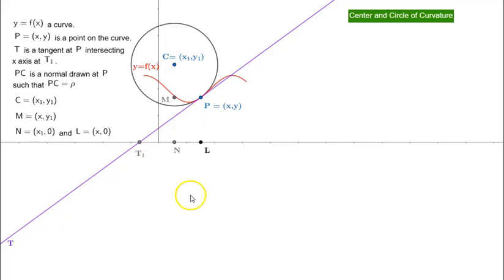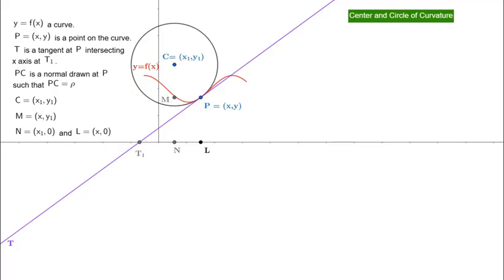It is a different way of saying that we drop a perpendicular from C to the x-axis and drop a perpendicular from P to the x-axis. Those intersection points with the x-axis become N and L. Then draw a line parallel to the x-axis through P and take the intersection with this line as M. That's what it boils down to.